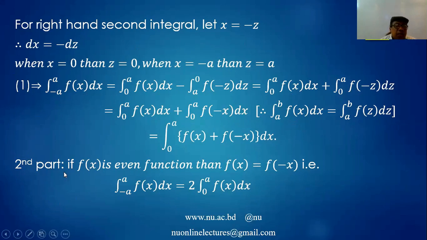Second part: if f of x is an even function, then f of minus x equal to f of x, and integration minus a to a f of x dx equal to 2 times integration 0 to a f of x dx. For even functions, this will be 2 into integration 0 to a f of x dx.